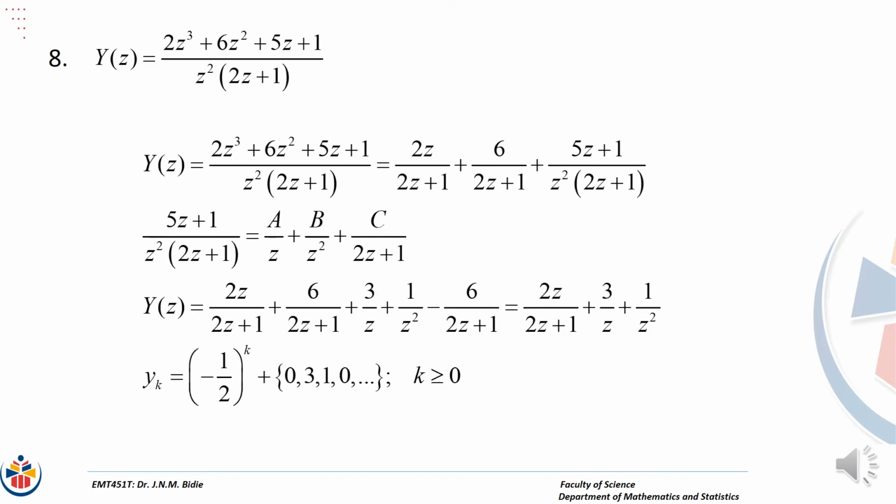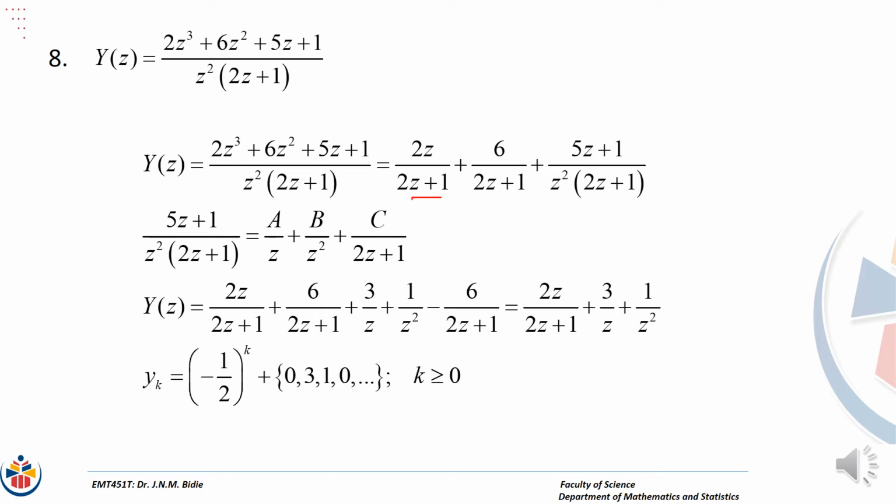Number 8, once again, we've got a combination. 2z cubed can be divided by z squared over 2z plus 1. Also, 6z squared can also be divided by z squared plus 2z plus 1. Reason being, z squared will cancel z squared from z cubed, and z squared will cancel. Note, that's exactly what happened here.